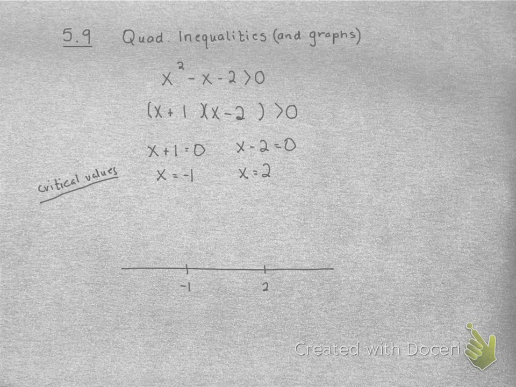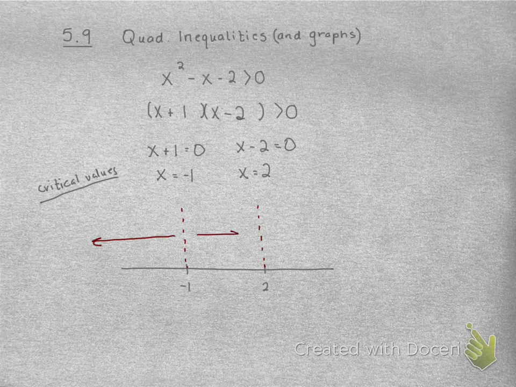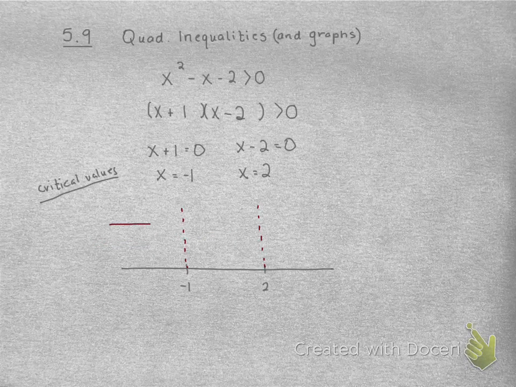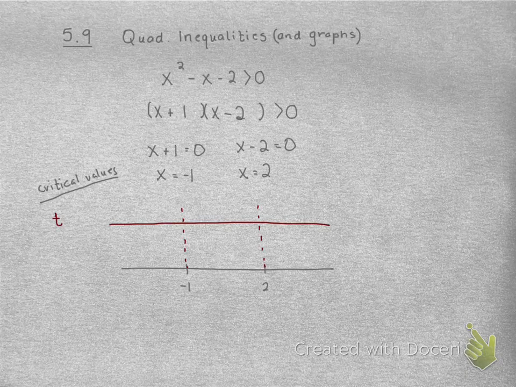So from here, now this is where you need to pay attention. From here, we will separate this number line into sections, okay? We've got to the left of -1, in between -1 and 2, and then to the right of +2. Okay, so what we're going to do is we are going to pick a test number in each one of those intervals, okay?